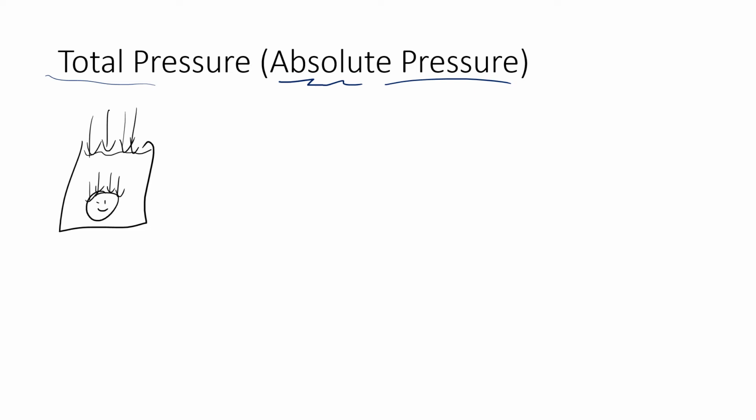So total pressure is combining those two, and this is the one that's on your formula sheet. So your total pressure is going to equal P0 plus, not M, it's going to equal your rho GH.